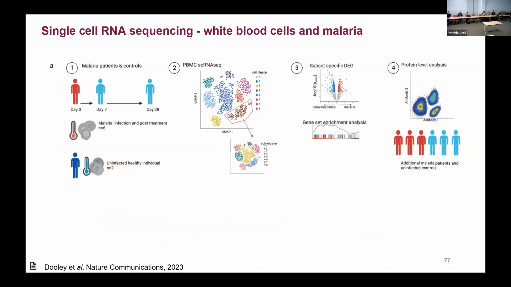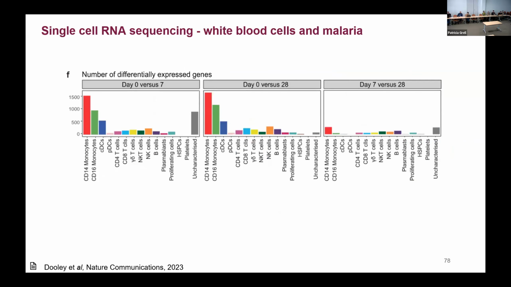This is a study published by a team, I think, from the UK, and they looked at the other side of the story. They looked at the host immune response, and they did some fancy single-cell RNA sequencing. So they disaggregated at the individual cell level what the expression was. And they looked, throughout diagnostics and follow-up at 7 and 28 days, at the different genes for each type of white cell.